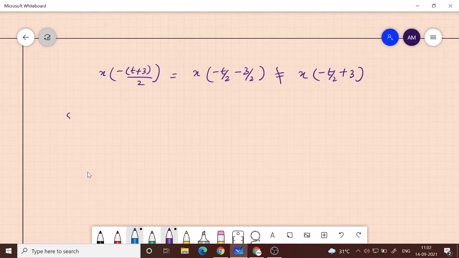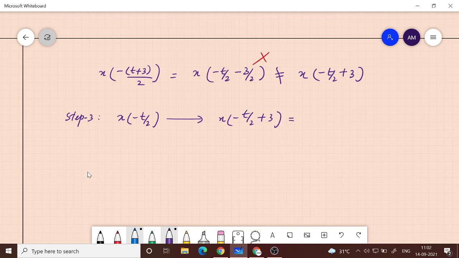So third step, you need to tell me carefully. Step 3. So this is wrong. You need to tell what is the correct shift and in which direction you need to shift. So what we have is x of t by 2. This has to go to x of minus t by 2 plus 3. So how much should be the shift that you need to do?